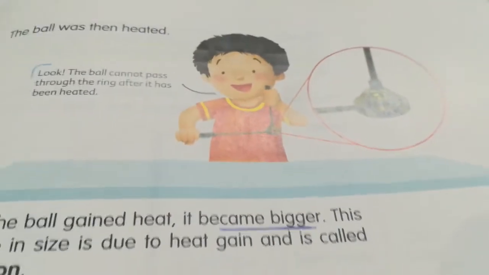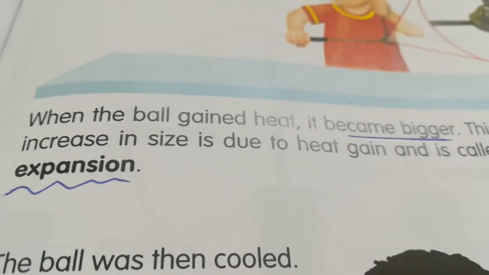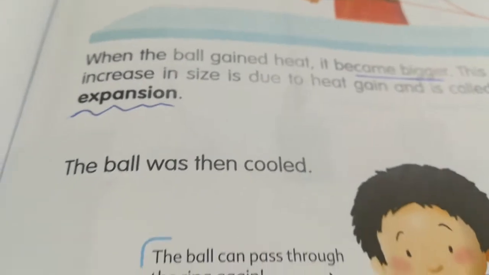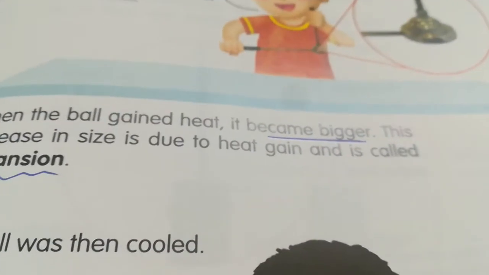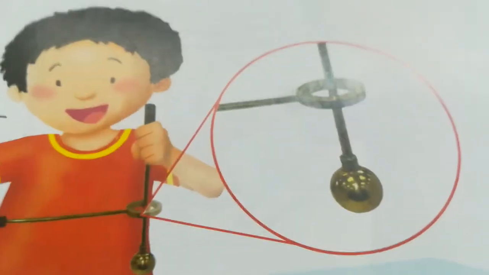If you want to make the ball pass again through the ring, what should you do? You may cool the ball down. It means you may put it in cold water so it can again pass through the ring.